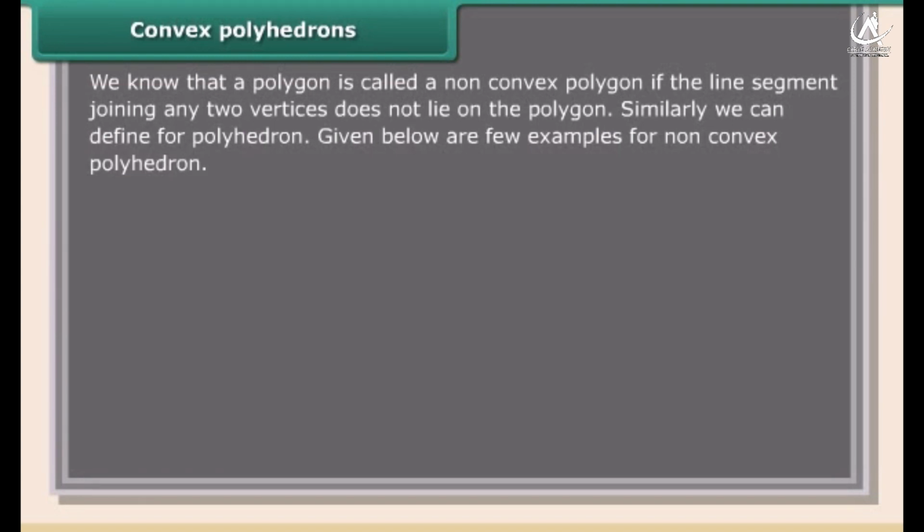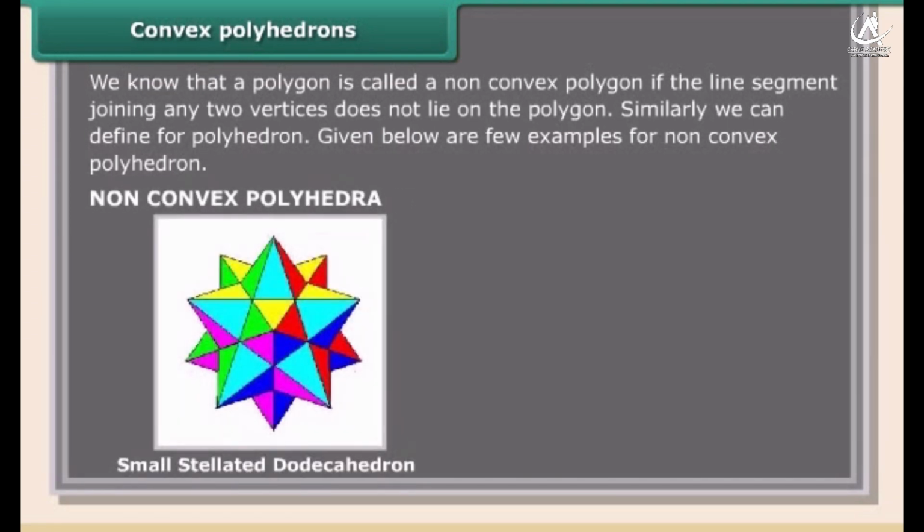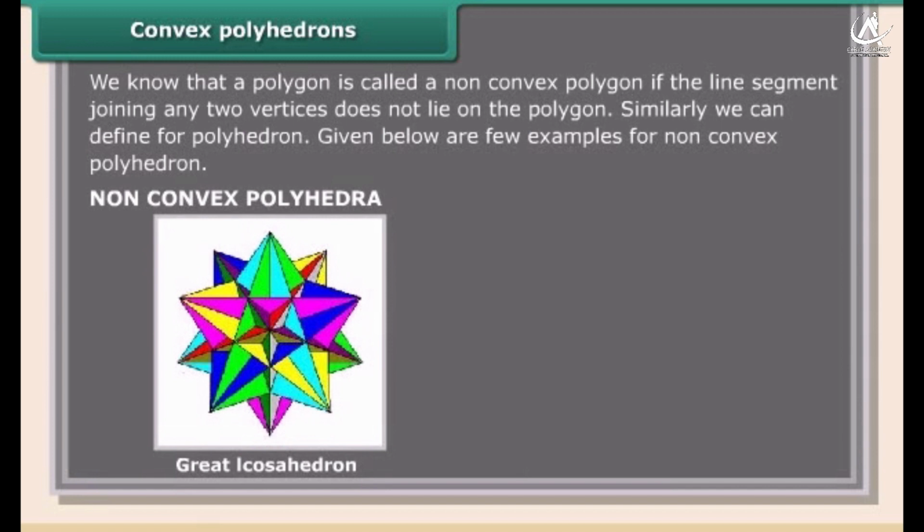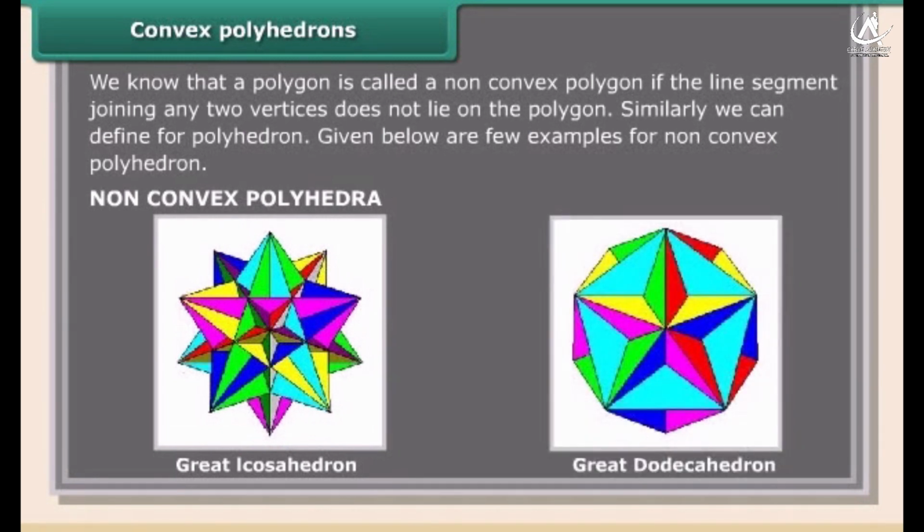Similarly, we can define a non-convex polyhedron. Given below are a few examples: small stellated dodecahedron, great stellated dodecahedron, great icosahedron, great dodecahedron.